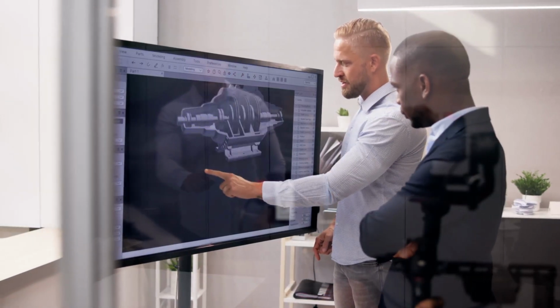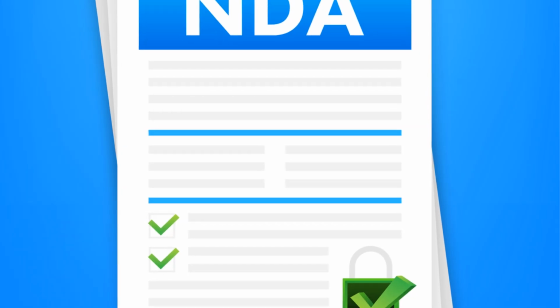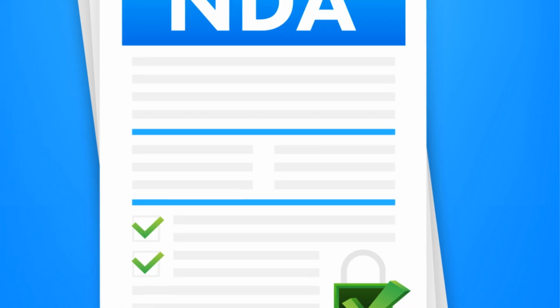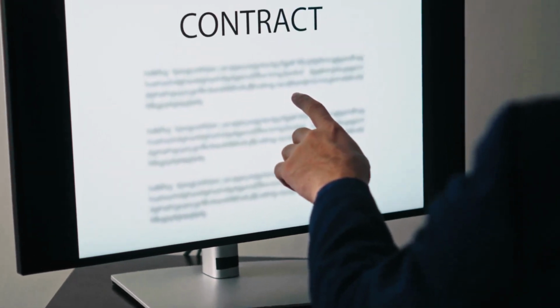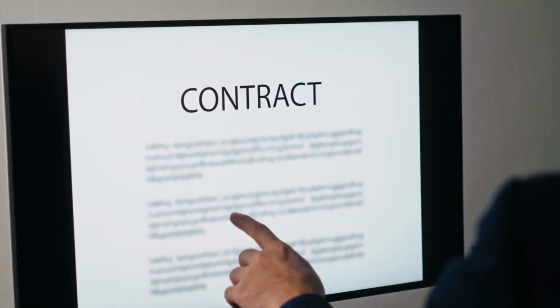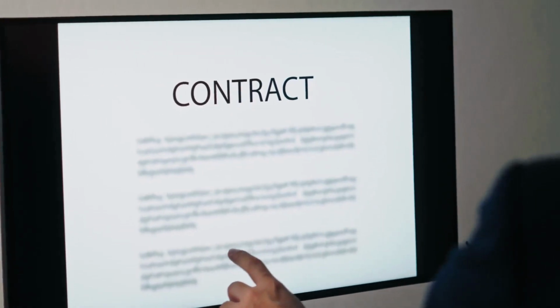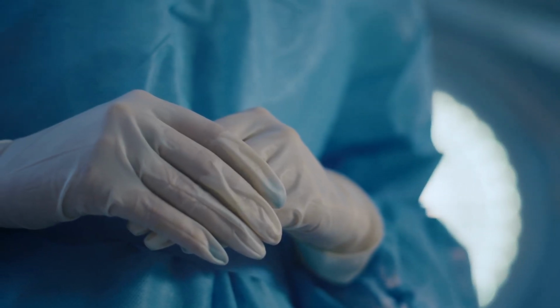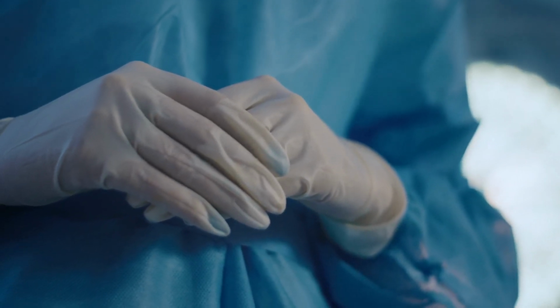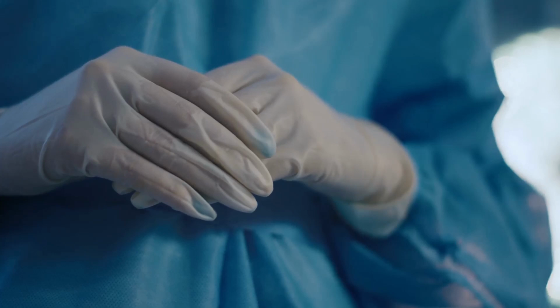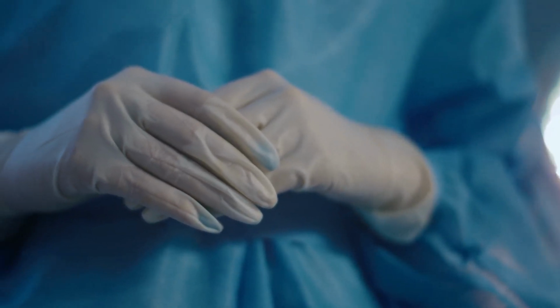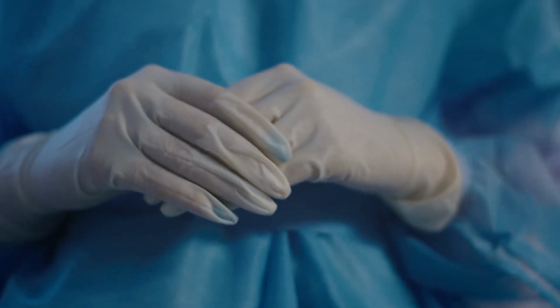Here's a practical example. Let's say you send a Chinese factory your custom product design. You also provide supplier contacts, pricing strategy, and target market information. Under a basic NDA, the factory may be prohibited from sharing that information externally. But unless your contract specifically restricts use and circumvention, they may still manufacture a similar product themselves.